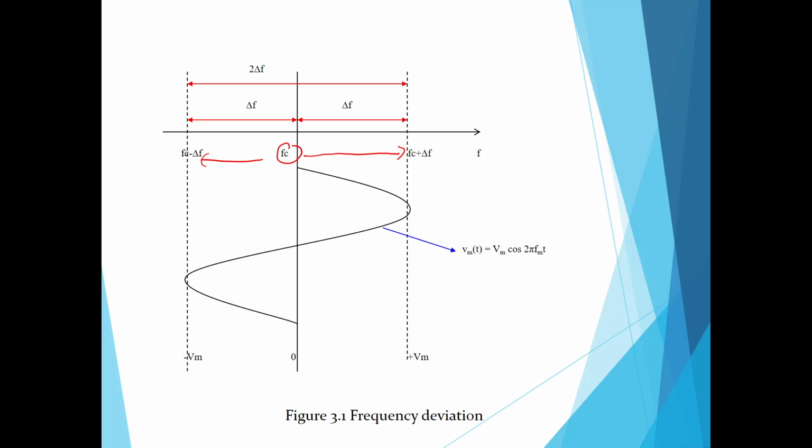So the carrier frequency changes in accordance with the amplitude variation of the input message. When the input message goes through the maximum positive peak, fc will be at maximum. When the signal moves through the maximum negative peak, the carrier frequency will be at minimum frequency, and so on.